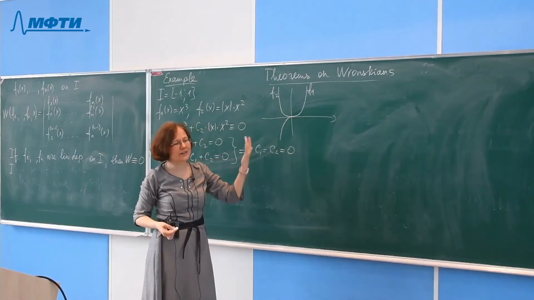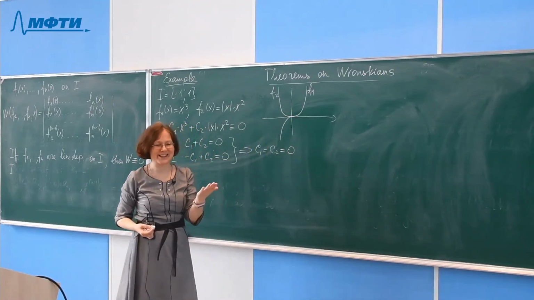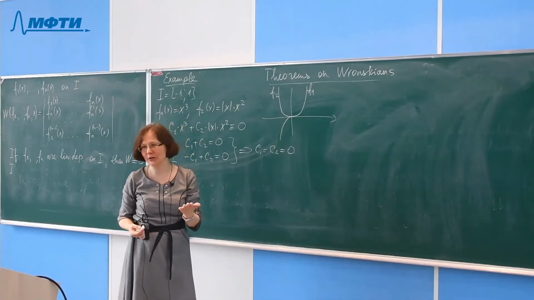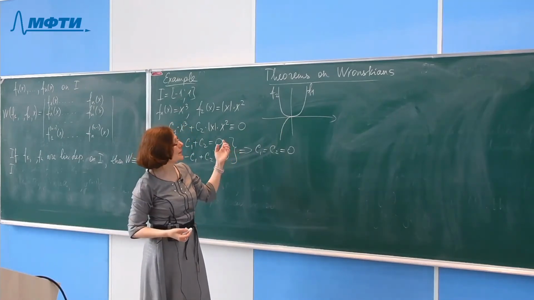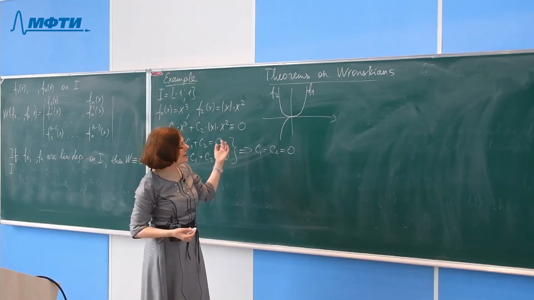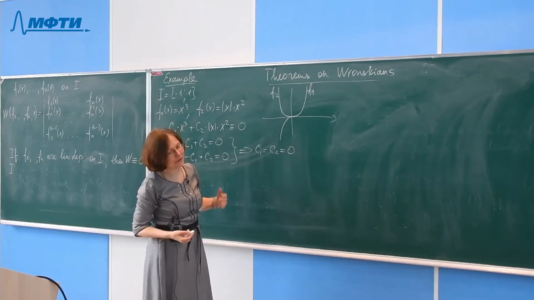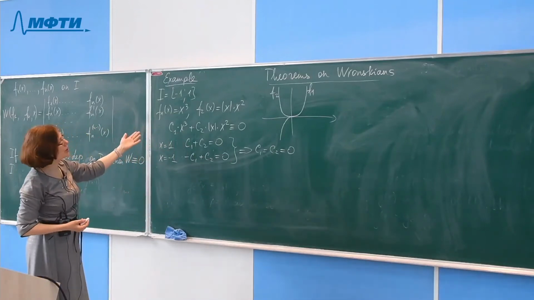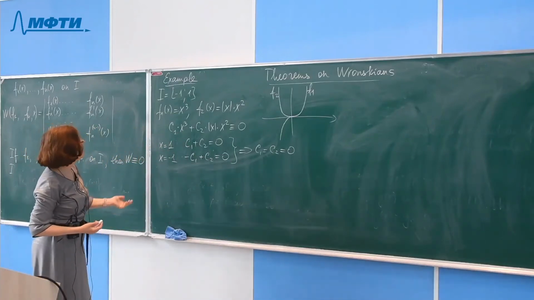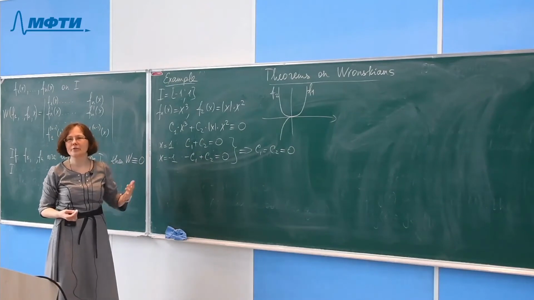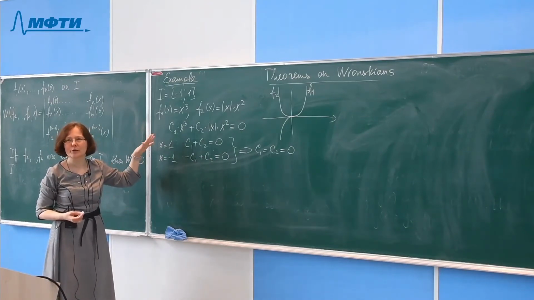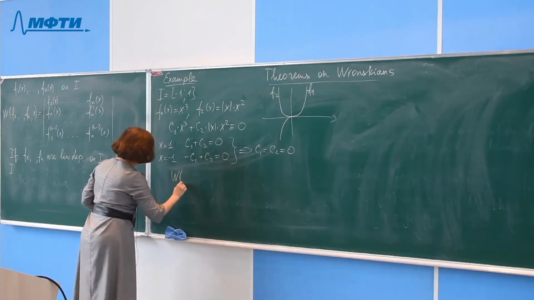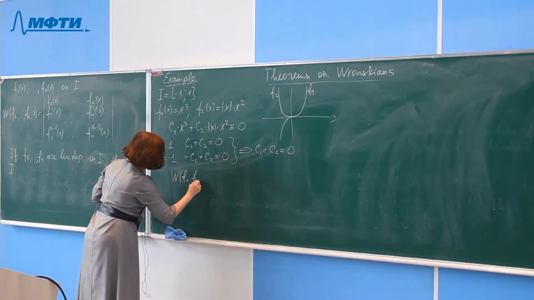If two functions are linearly dependent, then they are proportional, and this can be seen on the graphs. But these functions are linearly independent. But what about the Wronskian of these two functions? Let's try to find the Wronskian of f1 and f2 on the interval.